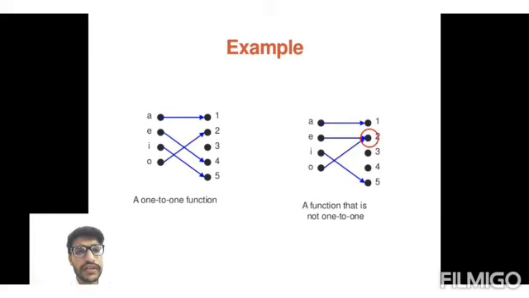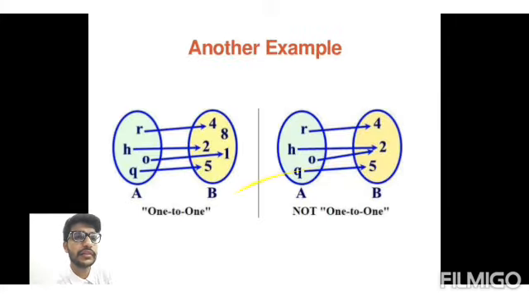Example: you can see a one-to-one function and a function that is not one-to-one, also shown in graphs. Another example, one-to-one and not one-to-one.